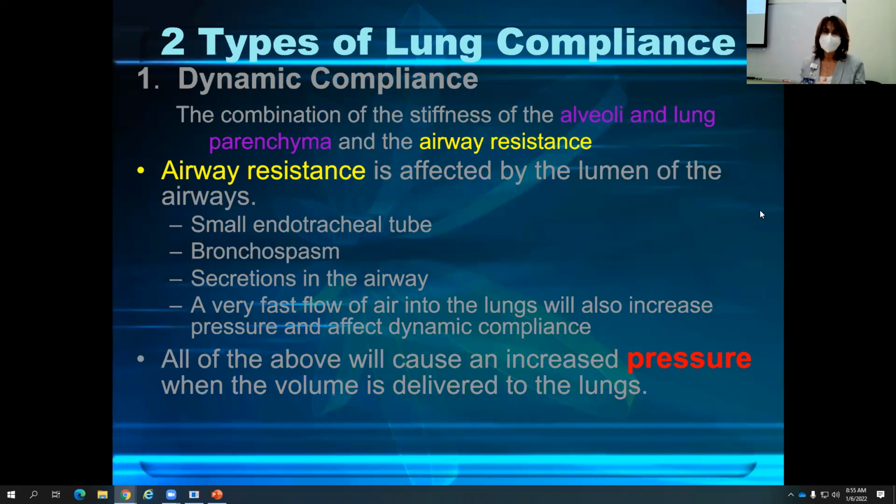So small endotracheal tubes offer a lot of airway resistance, and it causes a lot more pressure to build when you're pushing the air through it. So size 8.0 for adults is the standard tube that you're going to use in the hospitals when you're setting up for intubation.